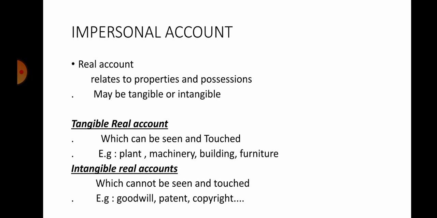An author prepares the book and he publishes the book. So in that situation, no one has a right to copy from the book or to edit something. Okay, that is called copyright. These are the assets, properties which cannot be touched but can be felt.